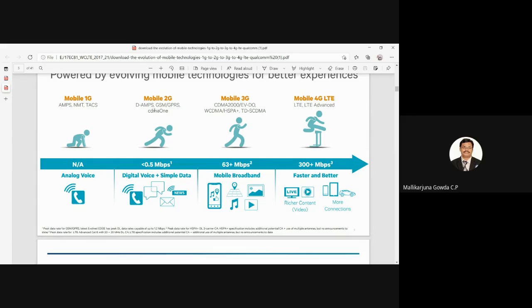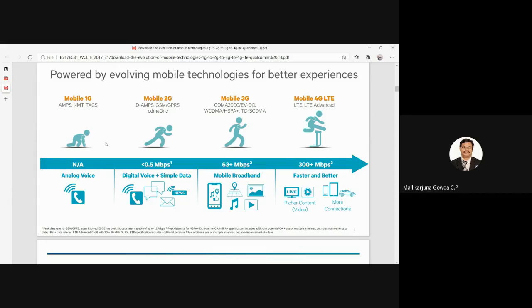So that is why it is D-AMPS, that is Digital AMPS system. Then the next standard is GSM, that is Global System for Mobile communication. It is a 2G standard. Then the next version of that is GPRS, that is General Packet Radio Service. Then CDMA One, all come under these 2G standards.